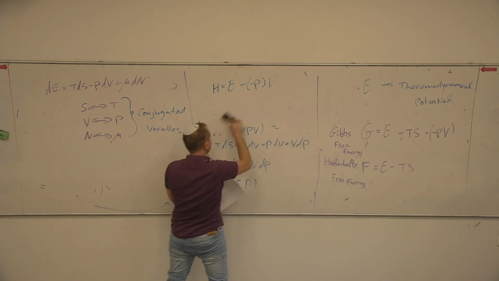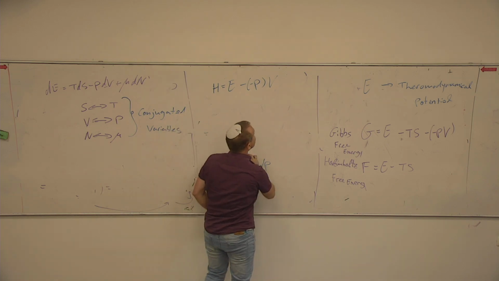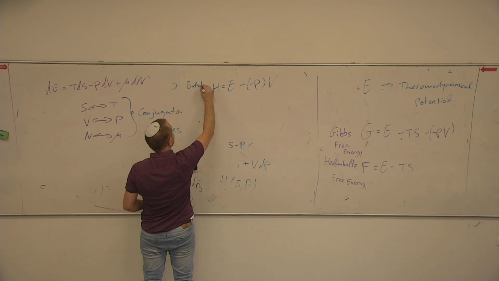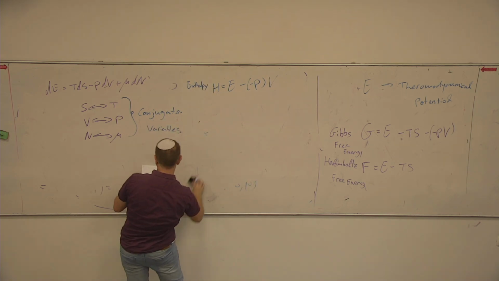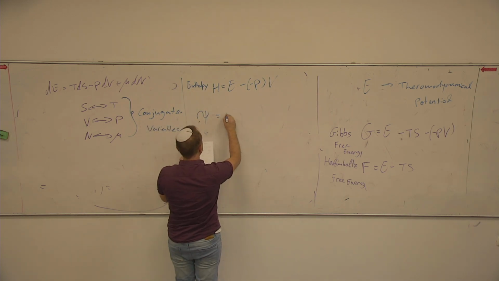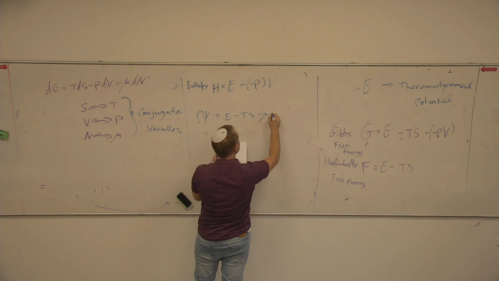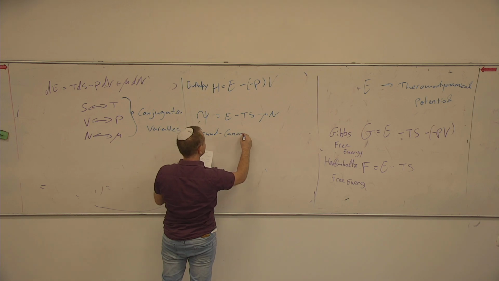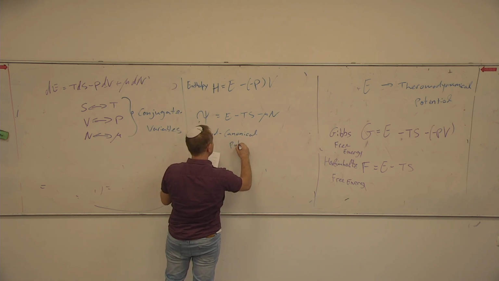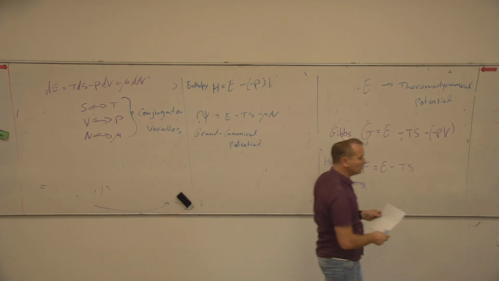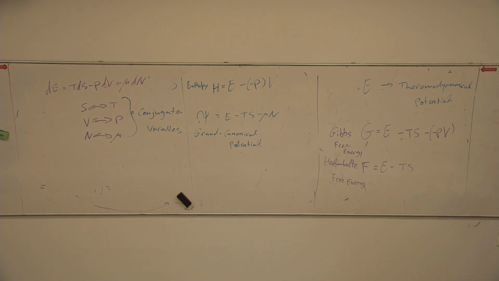H, E plus PV, is the enthalpy. And psi, which is E minus TS minus mu N, is the grand canonical potential. All of them, absolutely all of them, are energies. All of them thermodynamical potentials.